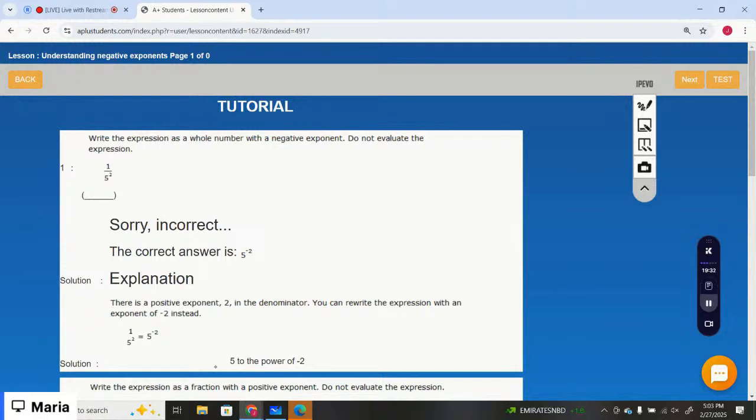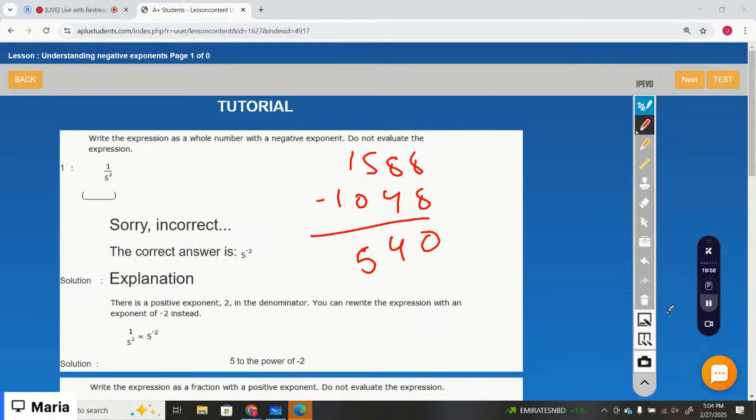Write the expression as a whole number with a negative exponent. Do not evaluate the expression. One divided by 5 square. 5 square, you can write it as the negative exponent.